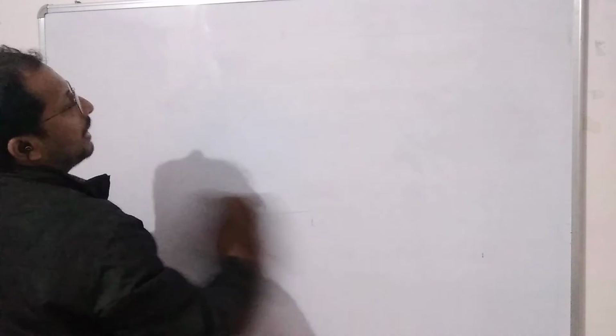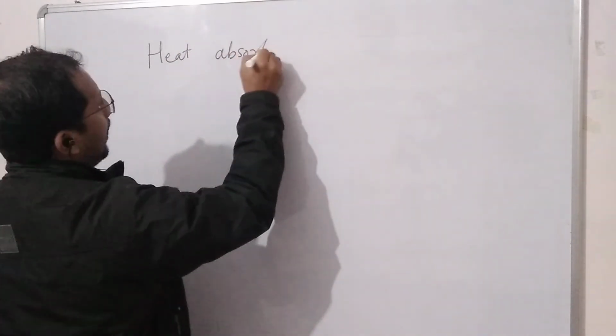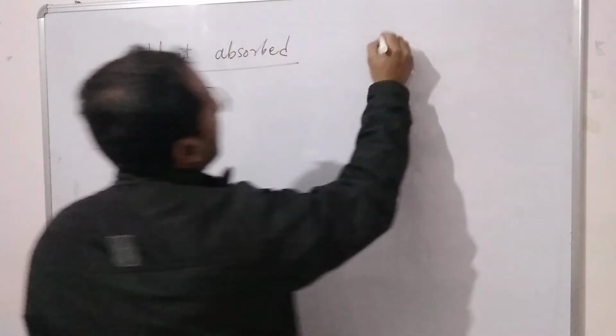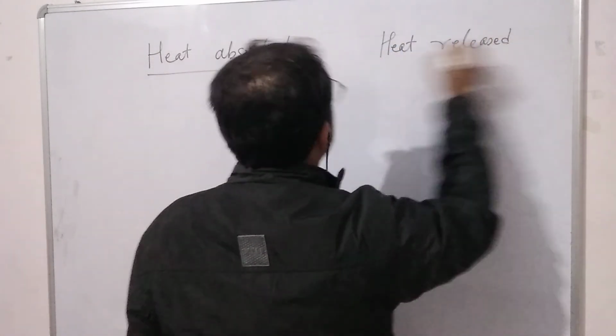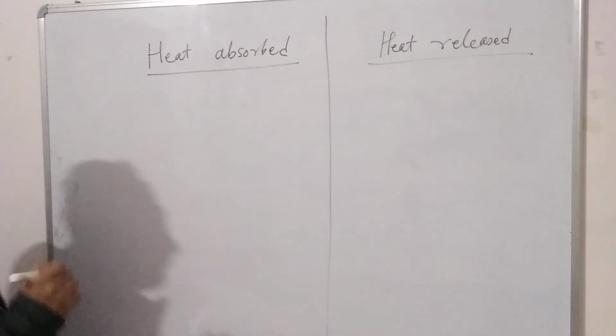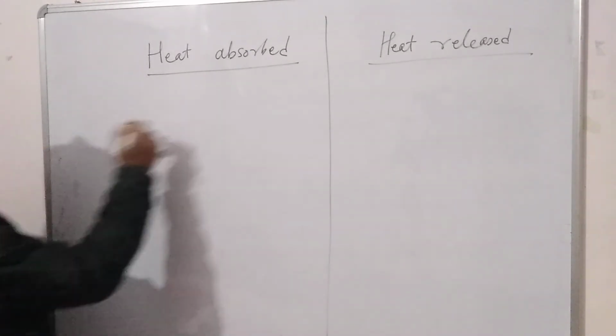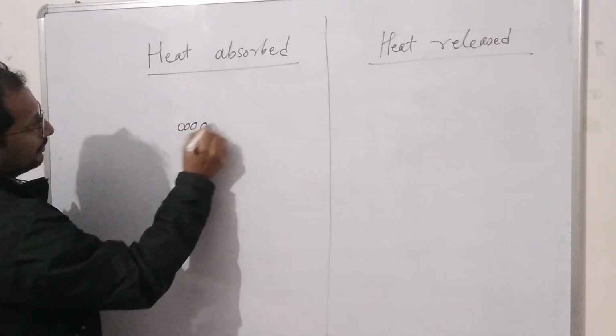Now, what happens when I say heat is absorbed and heat is released? For example, see here. When heat is absorbed, we are talking, what happens at the molecular level?